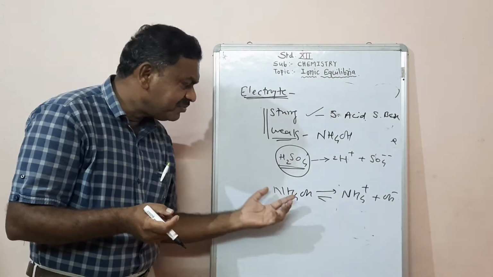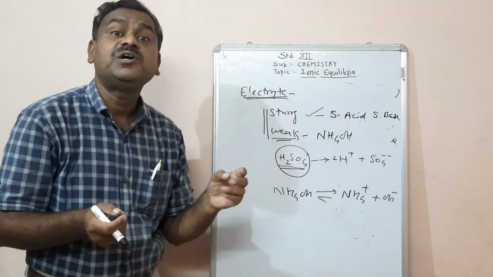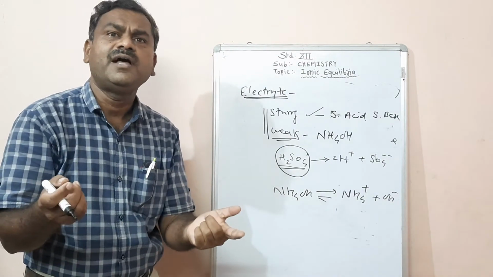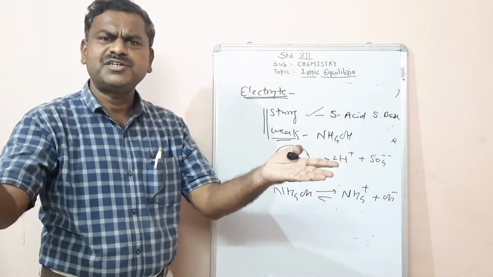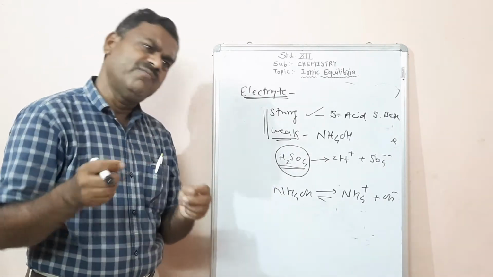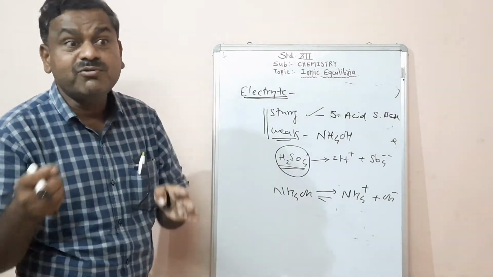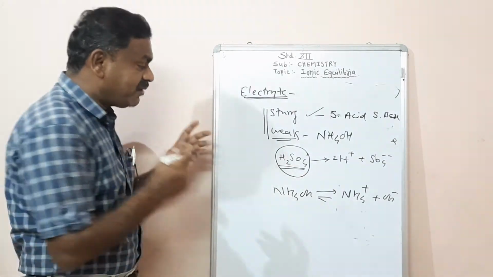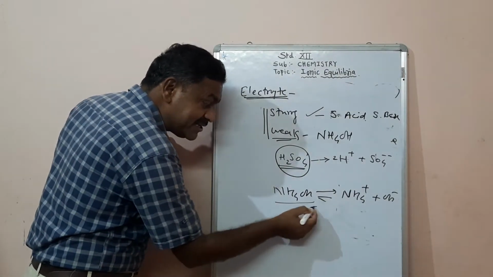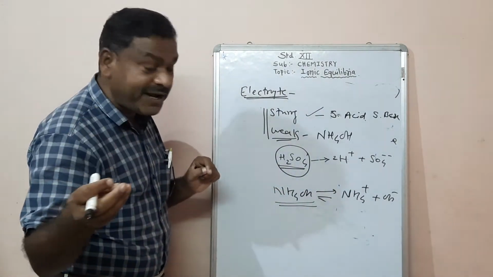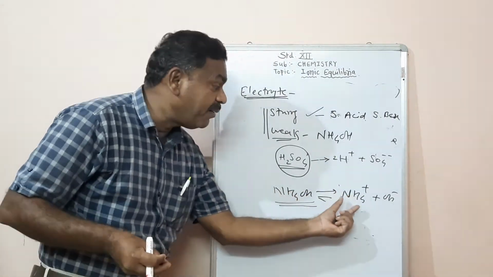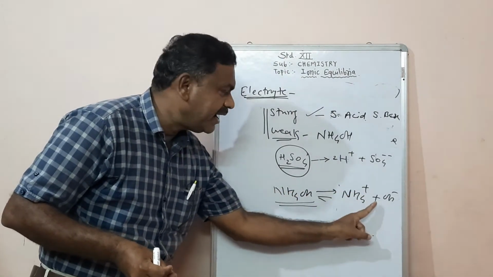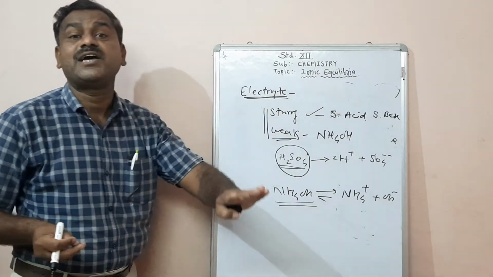And here it is partially dissociated. Partially, or small extent, means what? Only 2% is dissociated. Out of 100, only 1 to 2% will be separated. That's why ammonium hydroxide is a weak electrolyte, which dissociates to form NH4 plus and OH minus ions.